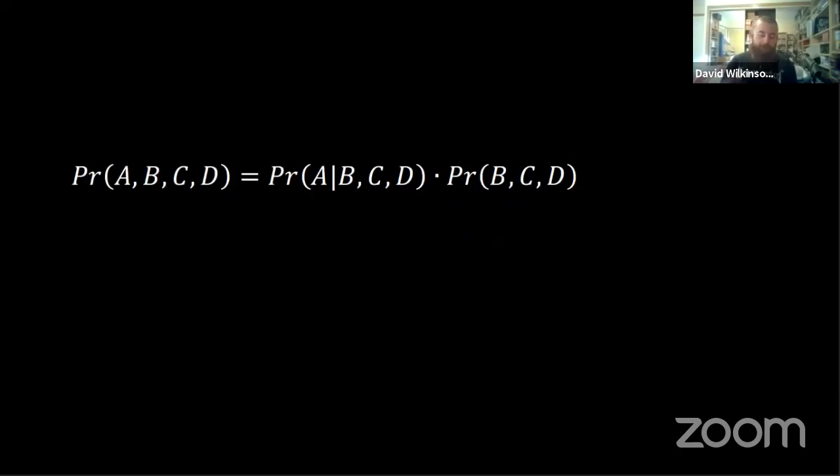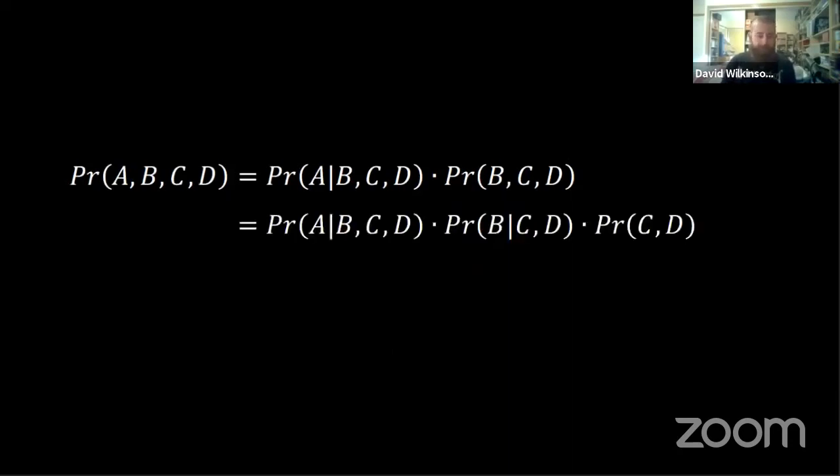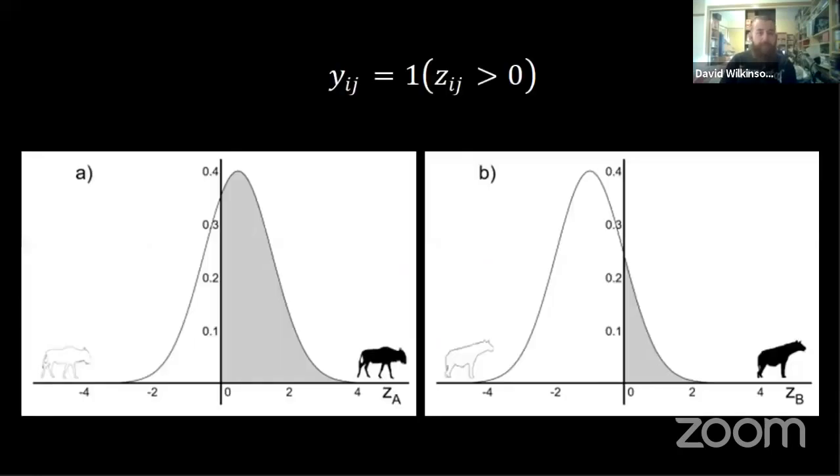The same thing works with more species, where you marginalize out one species at a time. At different steps, you can have a single species conditional on a joint probability of the remaining species. But that's for a discrete response variable case, so ones or zeros for presence absence.